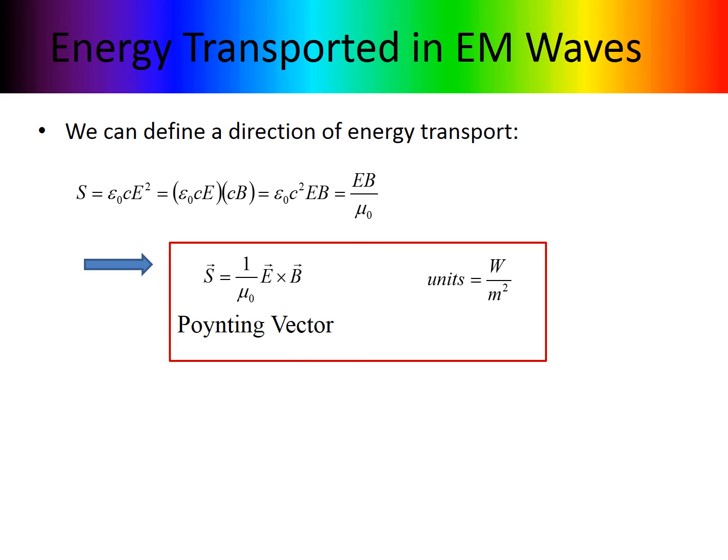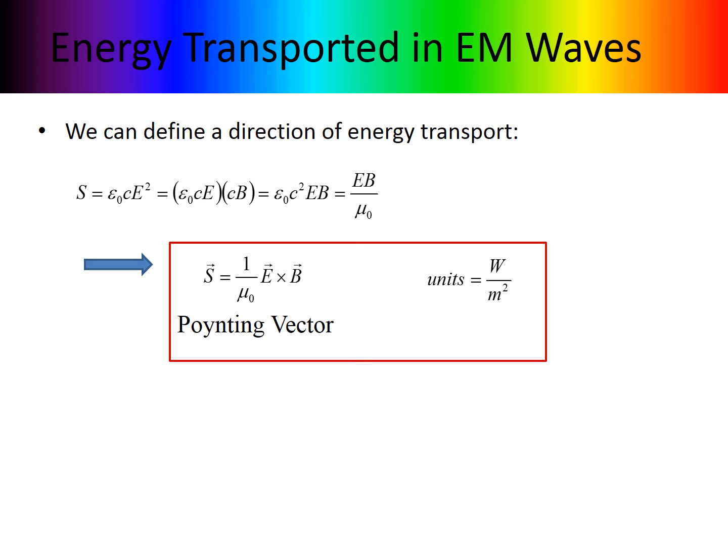Okay, so we split out one of the E's in the E squared term as speed of light times B. So now what we have is energy represented as E times B. So recall before we said that we can determine the direction as E cross B. Now we can determine the direction of energy transported.